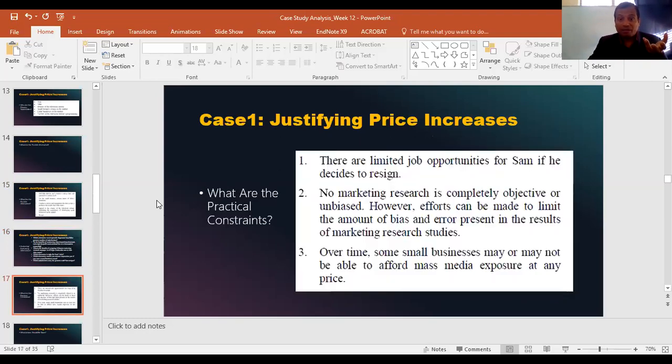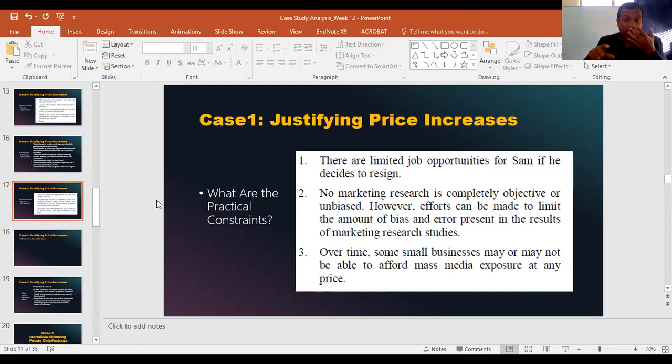But before that, this point is again important. As I said, every case is surrounded by constraints and limitations. What are the constraints in this case? It says that there are limited job opportunities for Sam if he decides to resign. Don't you think this is a limitation? It's a constraint for making a decision on Sam's behalf.